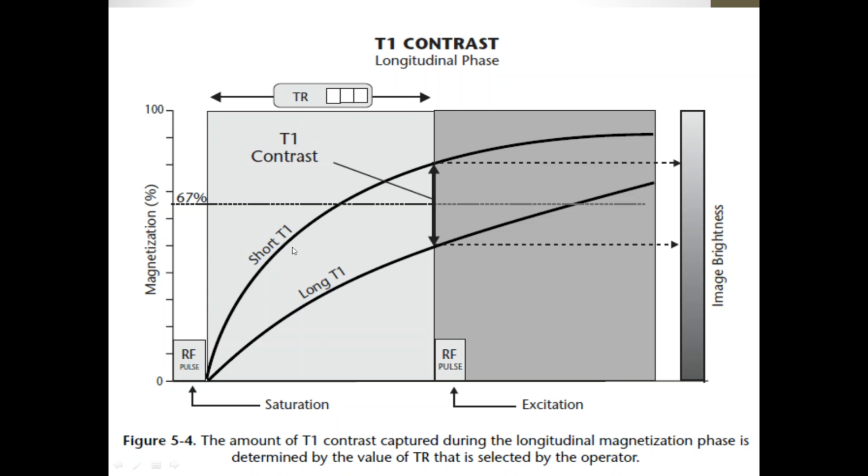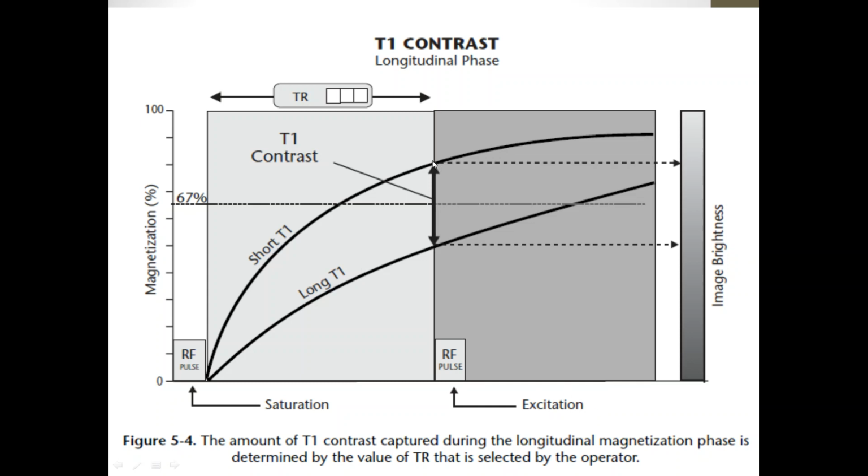Because the fat takes a short time to recover, so short T1, but water takes a longer time to recover. So at a certain time, when there is a difference between the magnetization coming out from fat and water, from short T1 and long T1, we will apply a second radio frequency pulse, which is responsible for excitation.